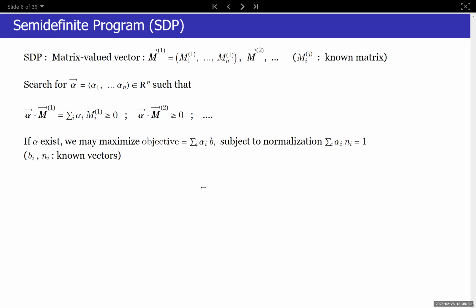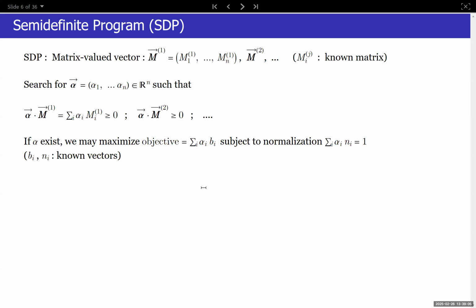And we try to search for an n-dimensional numerical vector alpha such that alpha dotted with the matrix valued vector gives a matrix, and we demand this matrix to be positive semi-definite. And alpha acting on the other vectors should also be positive. So that's the semi-definite program.